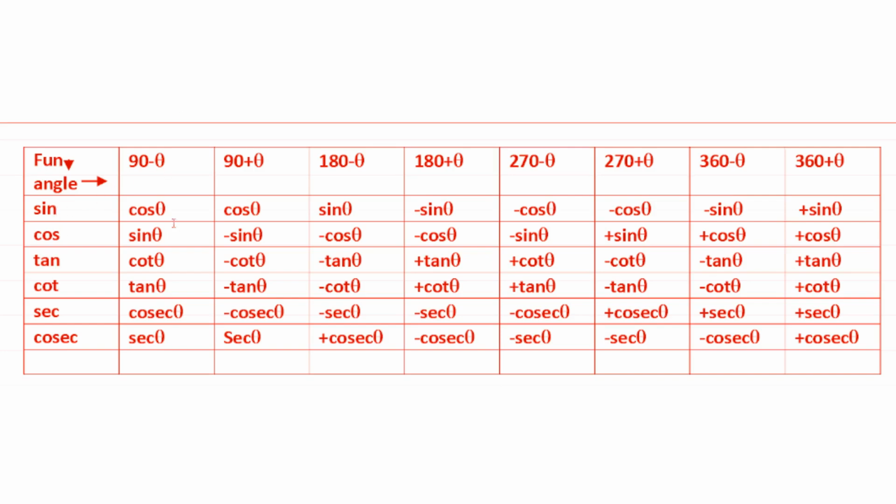For example, sin of 90 minus theta equals cos theta, tan of 270 minus theta equals cot theta, cosec of 360 plus theta equals plus cosec theta. This is an important chart. We are going to use this chart to find the principal values of inverse trigonometric functions, so pause the video for a while and write down these values.